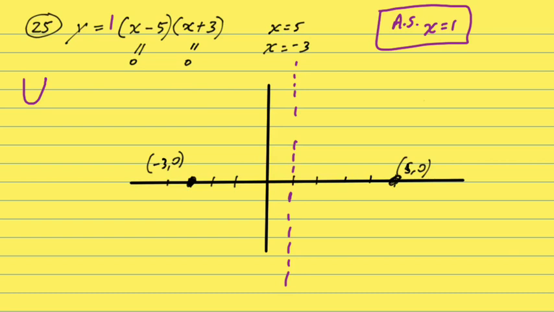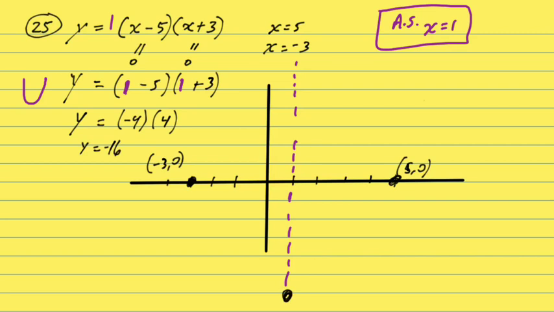Now, if I put a 1 in, it will give me the y value of the vertex. So bear with me. I'm now going to plug in the x as a 1. And what does that give me for y? I think that would be negative 4 times 4. Is that right? So y would be a negative 16.